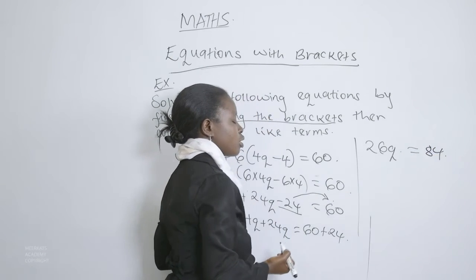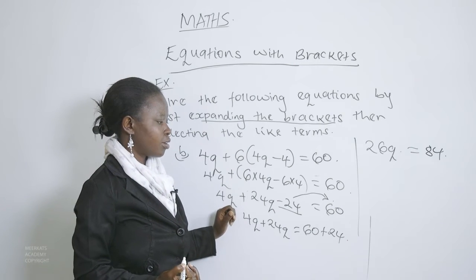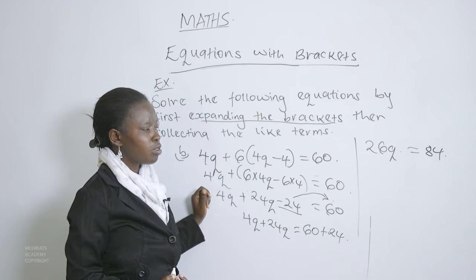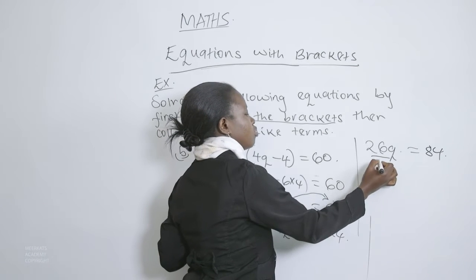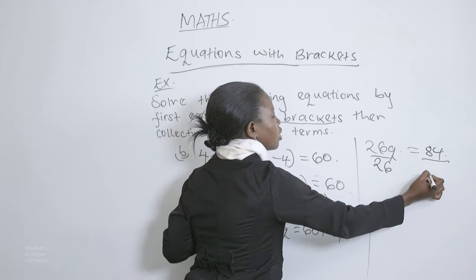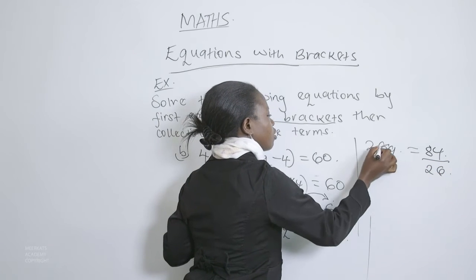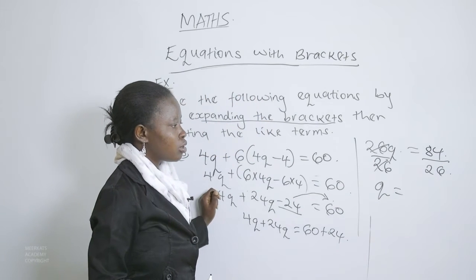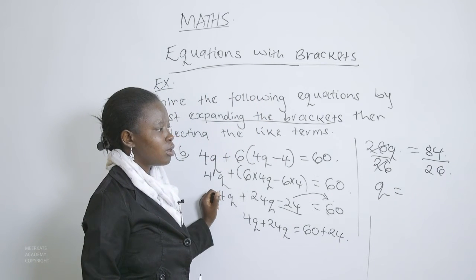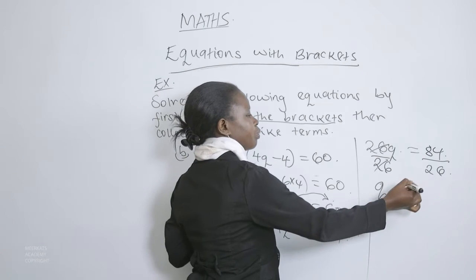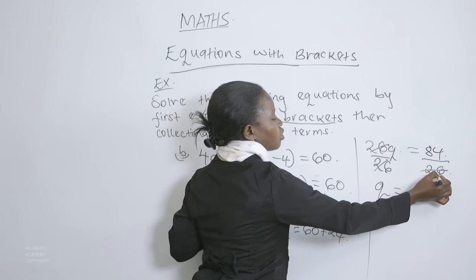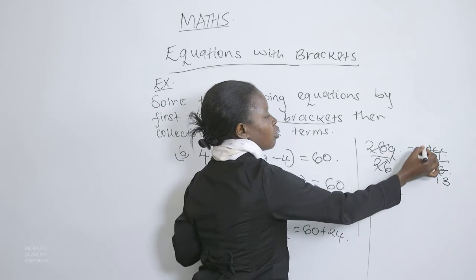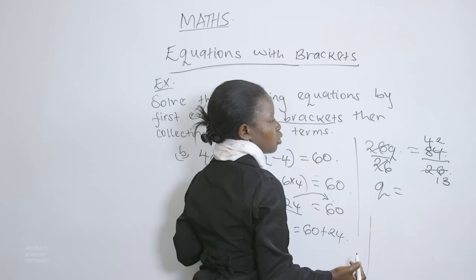84. So if we need to get the value of q in this equation, then divide both sides by 26. So divide the left hand side by 26, the right hand side by 26, so that q will be obtained as 84 divided by 26. Then we have 2 into 26, 13, 2 into 84, that is 42.